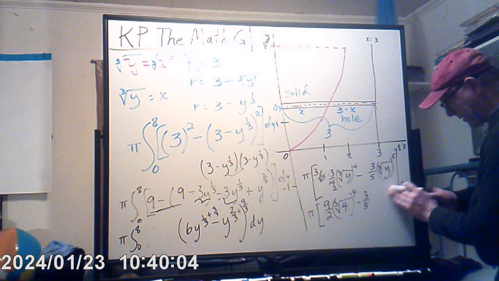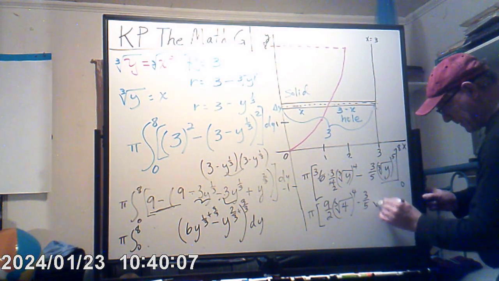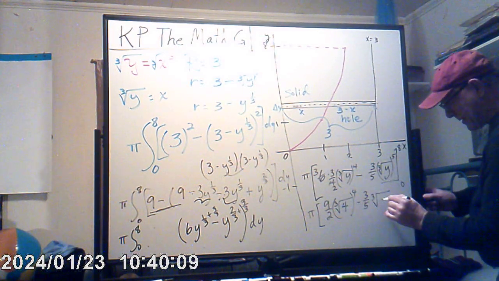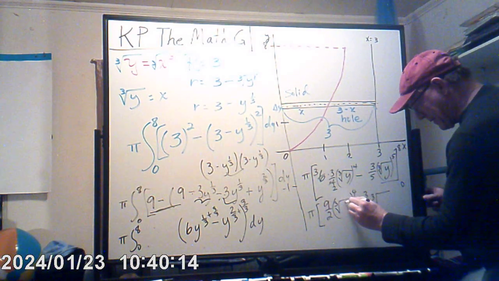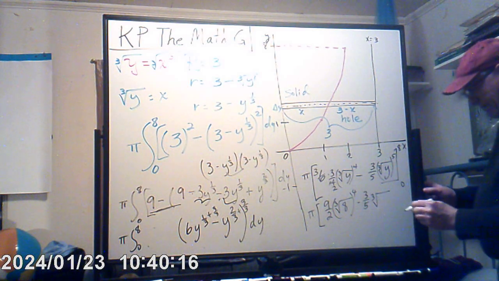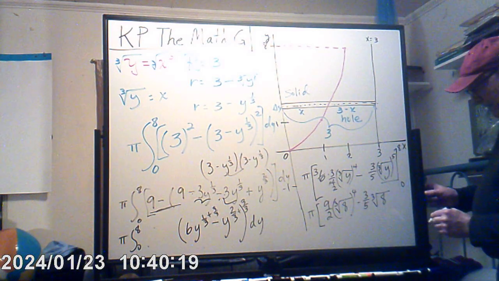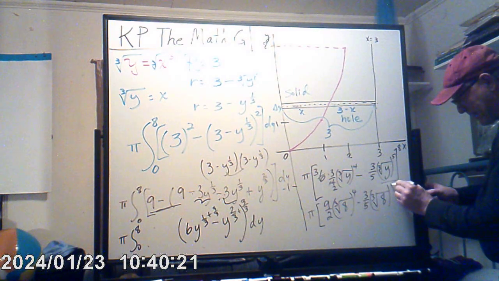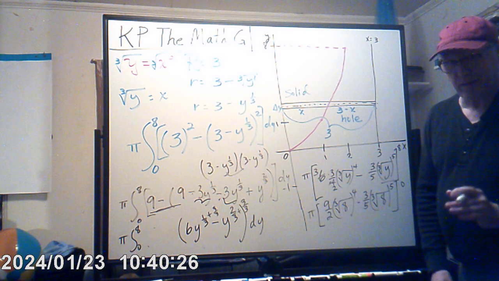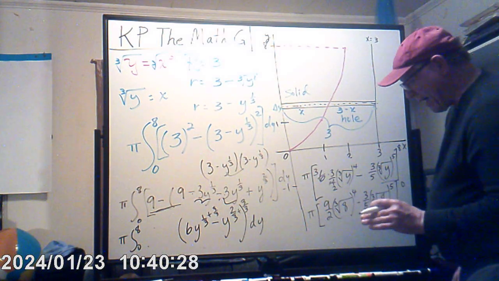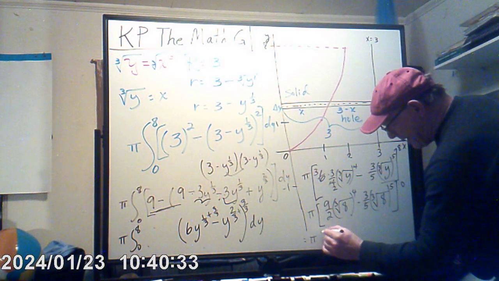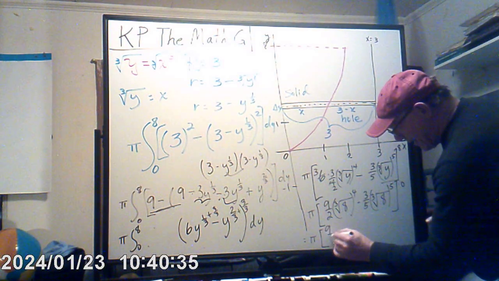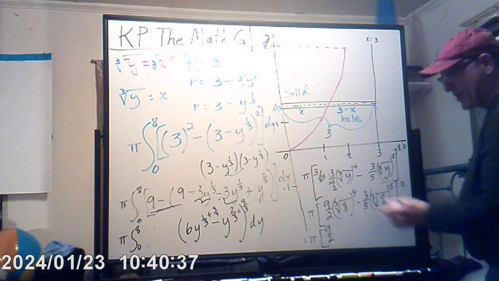Alright. This is the cube root of 8. Wait a minute now, I need to put 8 in here, not 4, 8. Alright, now that's right. 8. Raise that to the 5th. Okay. I'm just double checking. I'm going slowly because I like to double check. Alright, so equals pi. Now let's see, 9 halves. The cube root of 8 is 2.